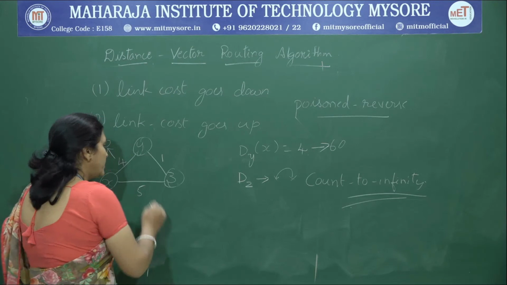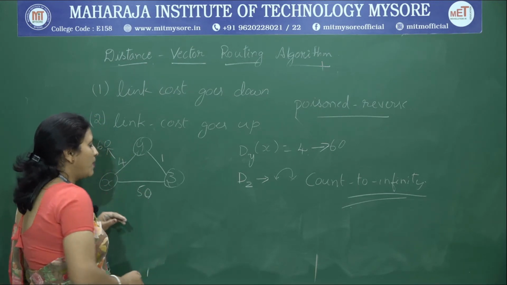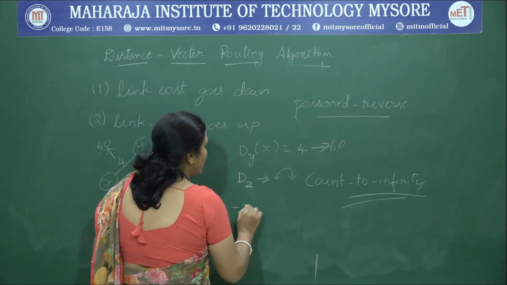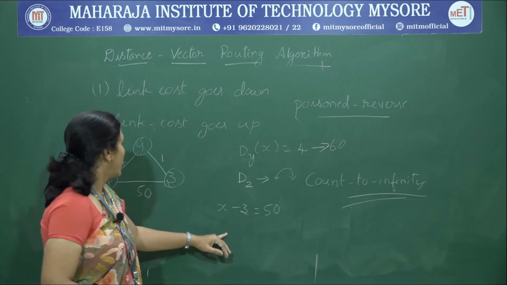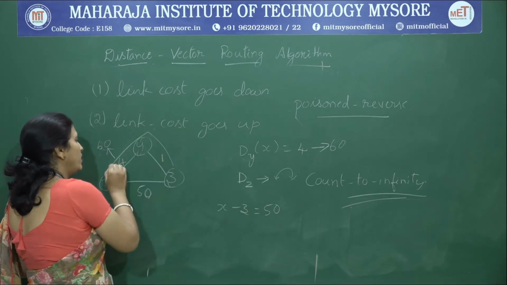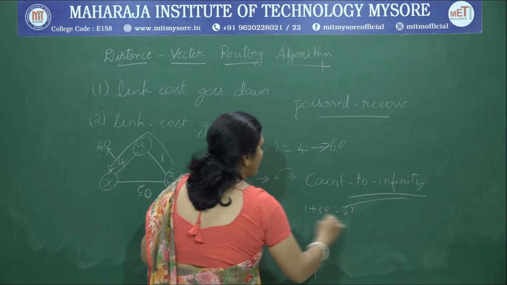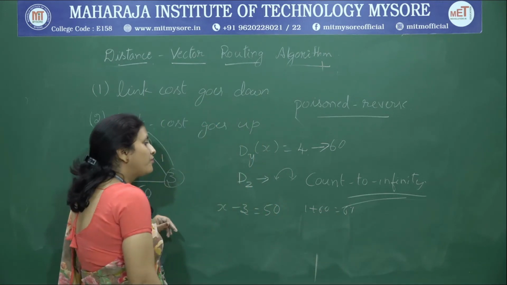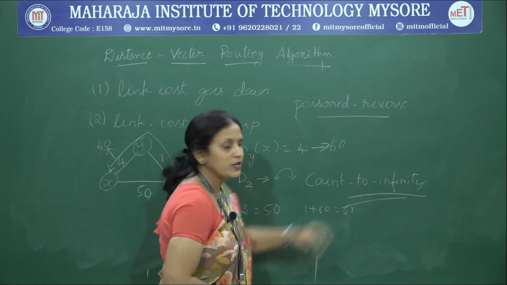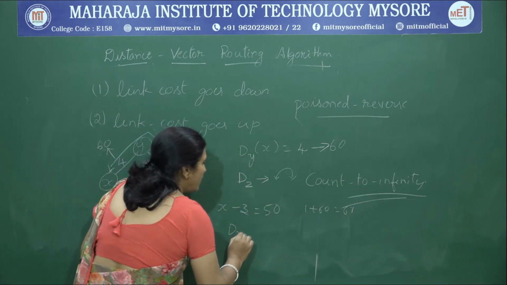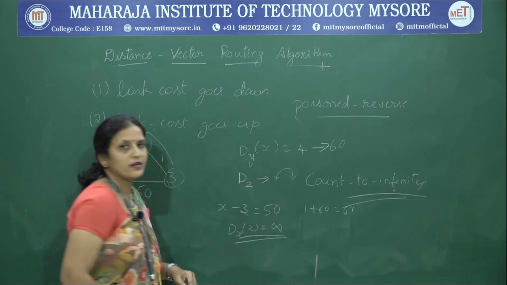For some reason this might become 50, okay, so the link cost that it takes to reach from x to z is 50, and if it comes through y, it will become 1 plus 60, that is 61, right. So, to avoid confusion or to avoid the count to infinity problem, this d of x to z is considered as infinity here.